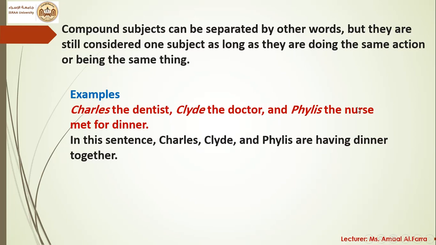Okay, so all these are subjects meeting for dinner. This is the action verb, met for dinner. In this sentence, we have Charles, and we have Clyde, and we have Phyllis. These three persons, what are they doing? They are having dinner together. So these are the subjects, okay, but it is considered as one subject for one action.